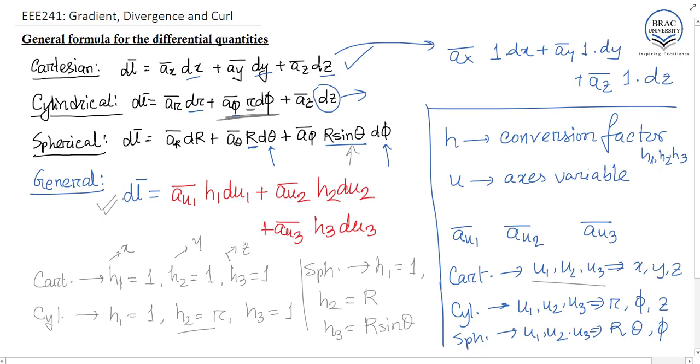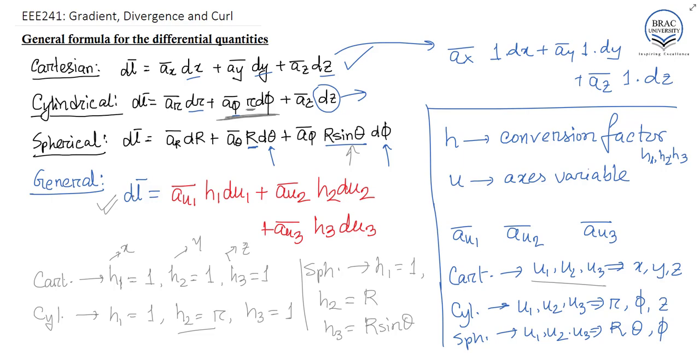So this is the general notation that we'll be using for the differential quantities, and we'll just put in all the relevant variable names or conversion factors as we select the specific coordinate system.